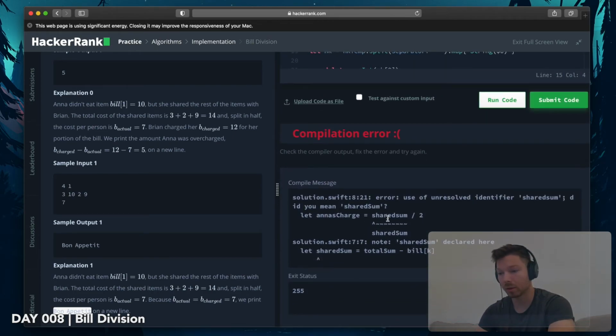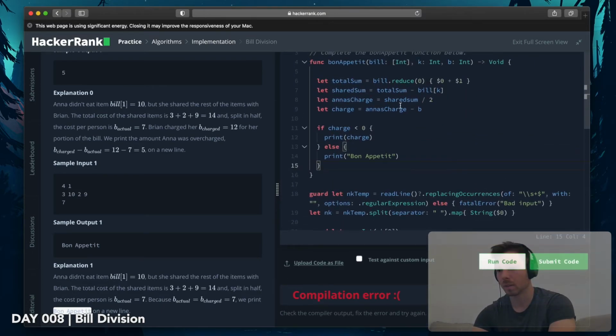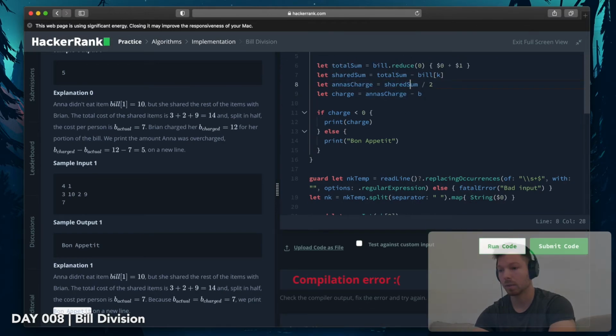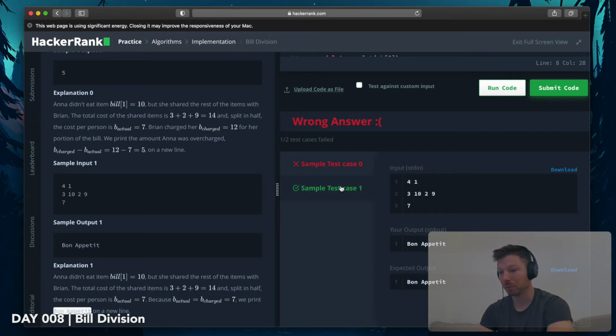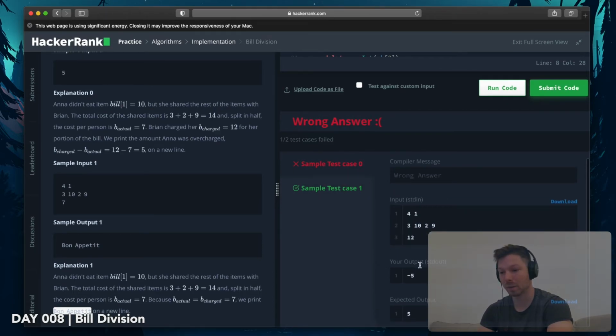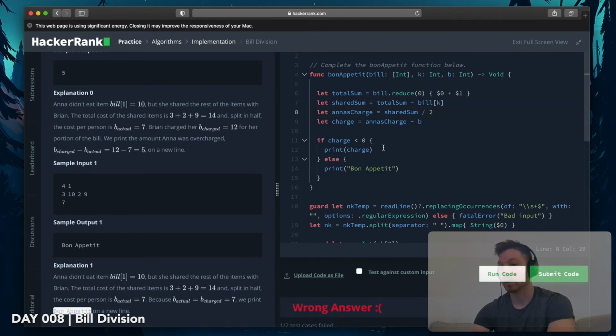Compilation error, shared sum. Shared sum declared here, let shared sum undefined. Shared sum lowercase. Okay, that test case worked. That one didn't. Your output, okay, the difference. God damn it.